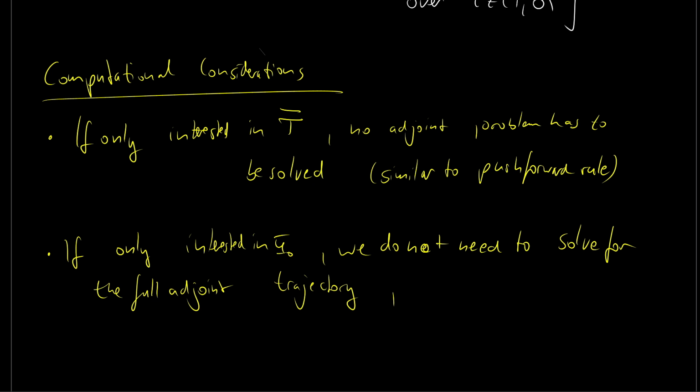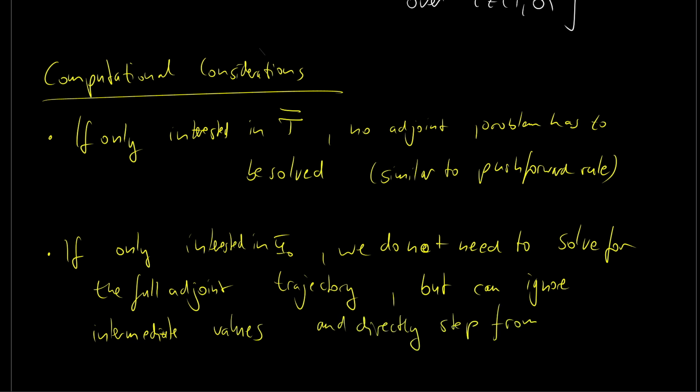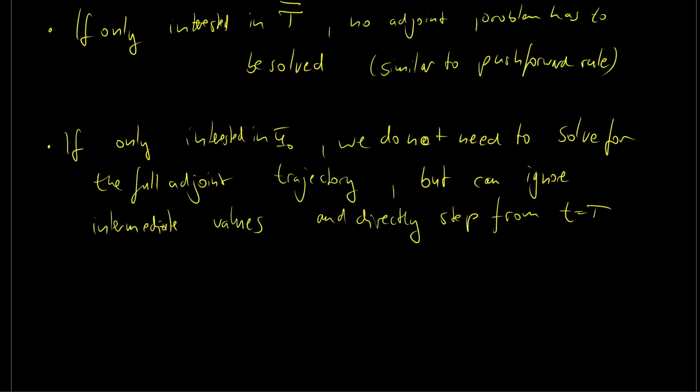It can do as many tricks as it wants, as long as it arrives at the t equals 0 point again and does so reasonably accurately. So we can ignore intermediary values and directly step from t equals capital T to t equals 0. And as said, this is similar to the primal problem. And of course, this only holds if your primal problem was also a final state integration. As I also said earlier in the video, you could also be interested in the full ODE integration, where you would want the full time-dependent function, then this of course would not hold true.